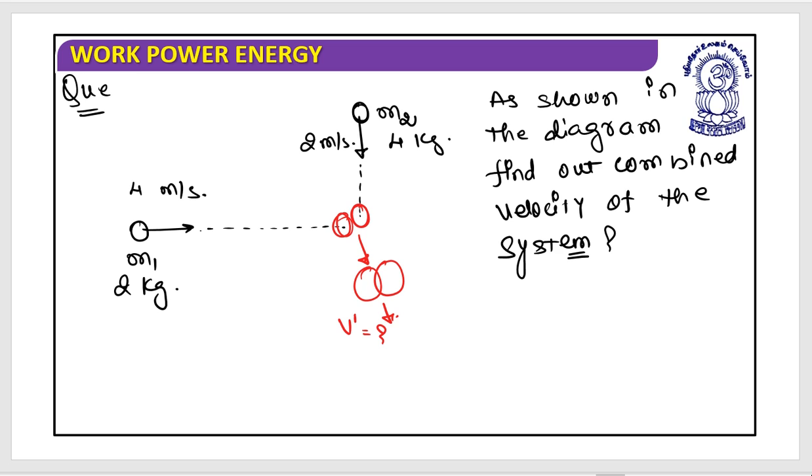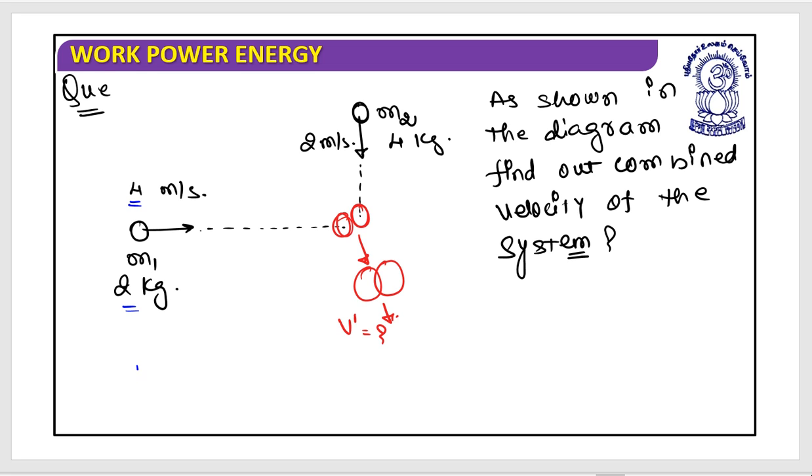So what I understood is that let's conserve the momentum. But when we conserve the momentum, we must understand that they are moving in different directions, and as they are moving in different directions, I need to write it with respect to vectors.